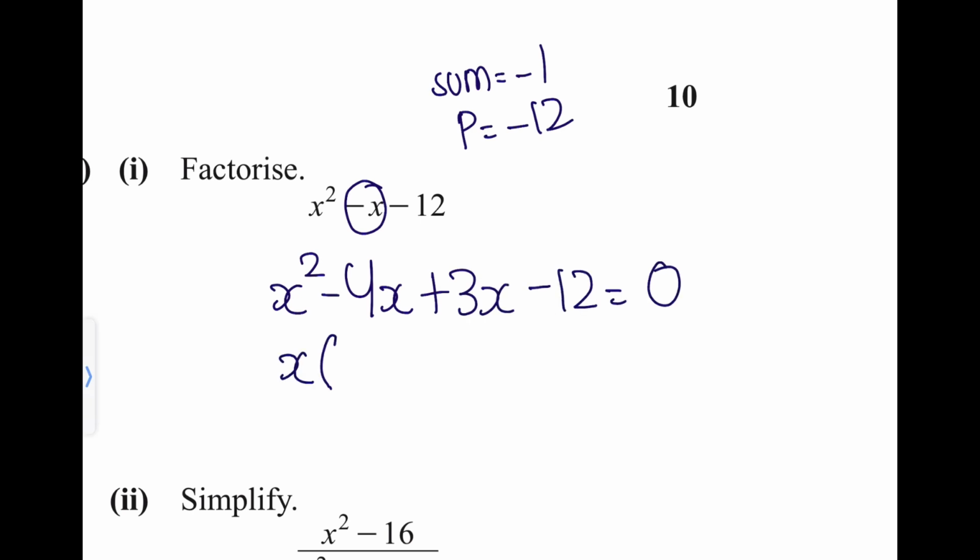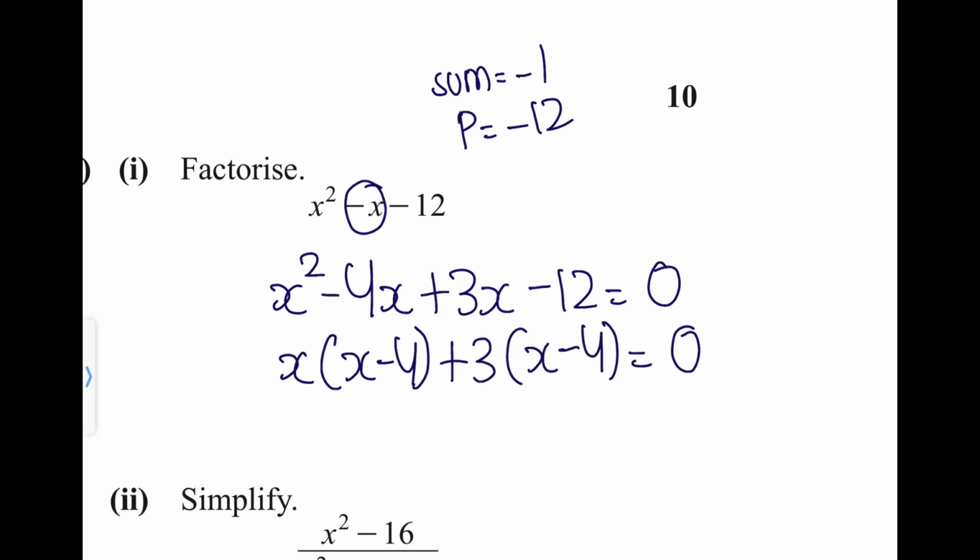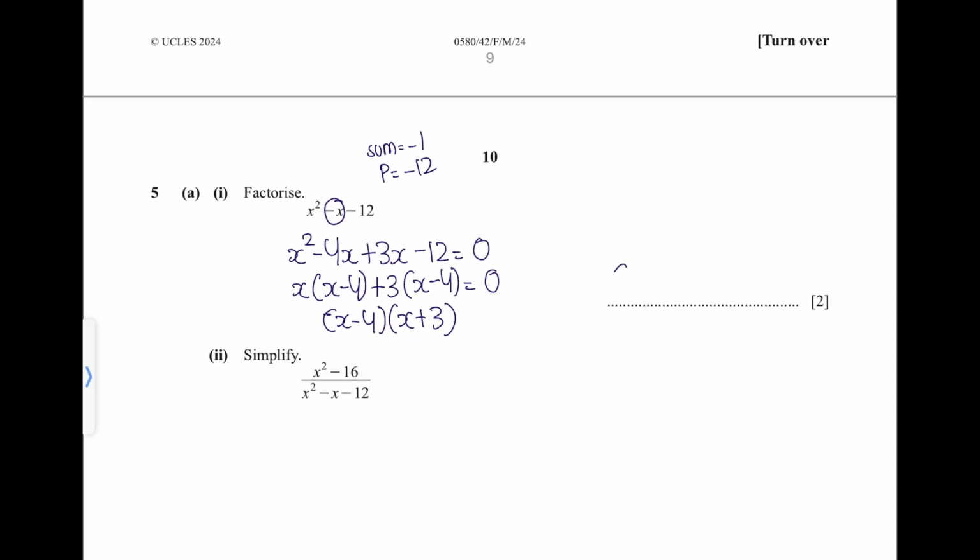So x(x minus 4) plus 3(x minus 4), so you'll have (x minus 4)(x plus 3).